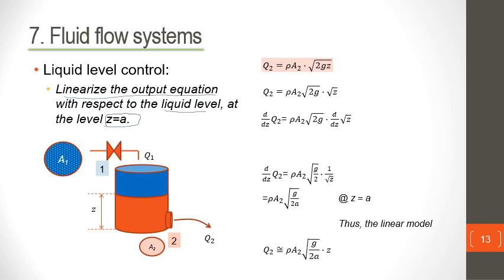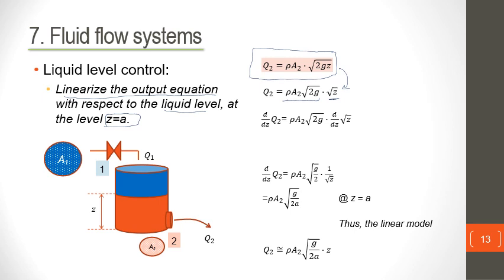Now we want to linearize this output equation at the point Z equal to A. We can rewrite this equation and separate the Z variable out of the rest of the variables, which are parameters: rho, A2, the cross-sectional area of the outlet, times the square root of the acceleration due to gravity.